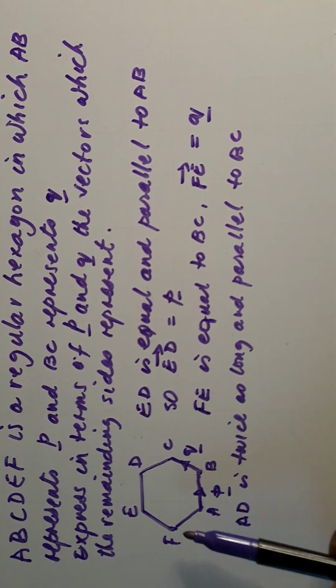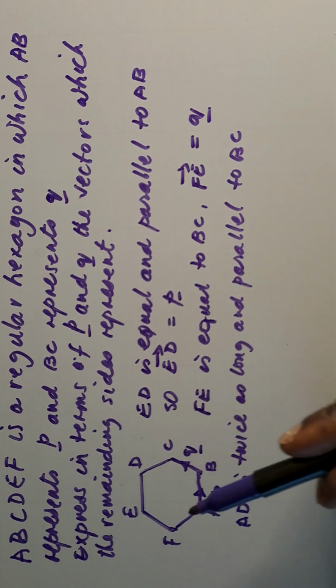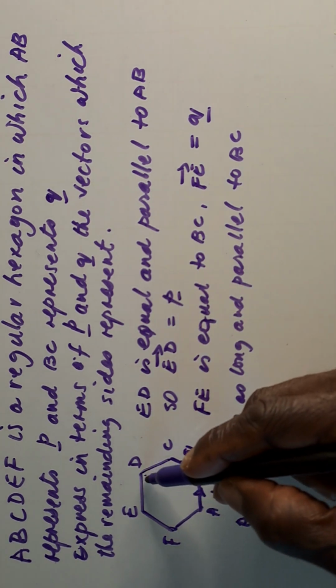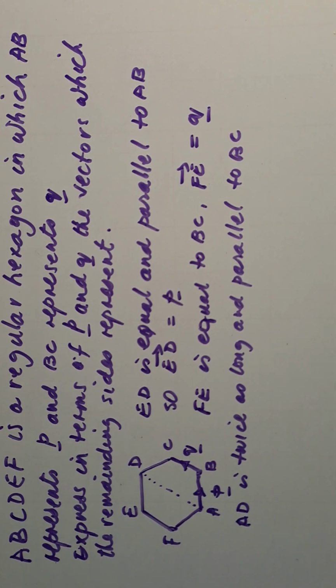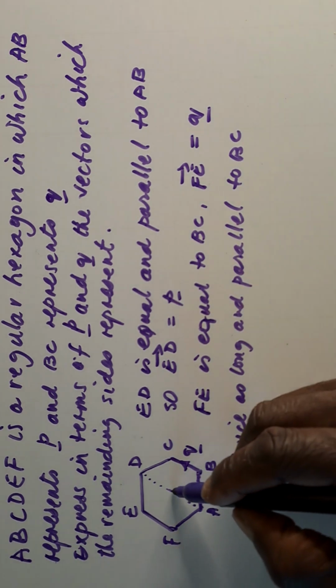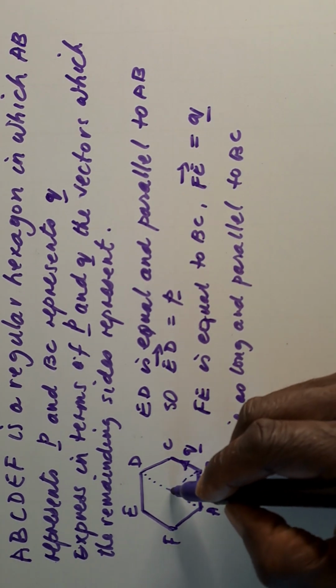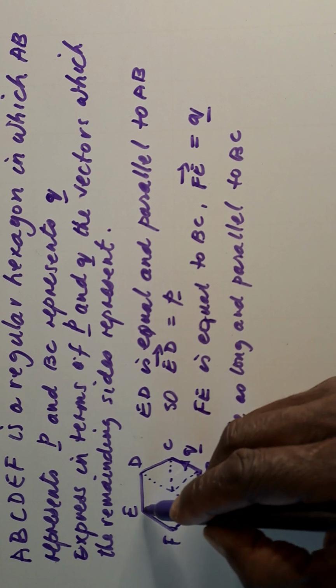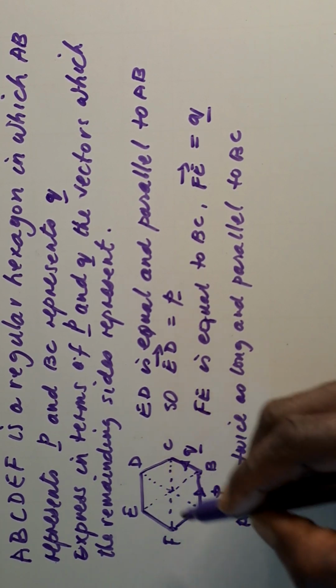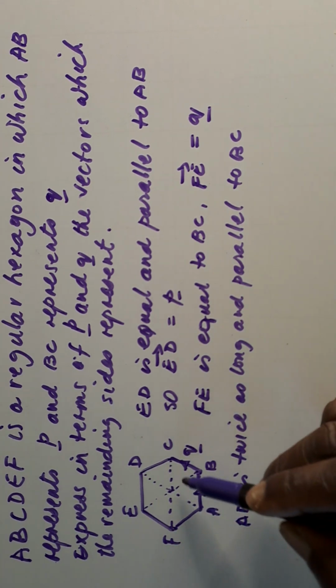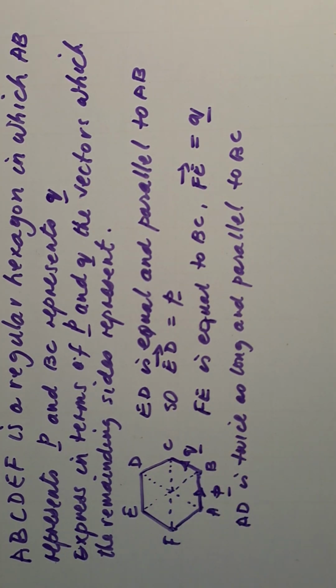Well, if we look at AD, we have an imaginary line here. Why is it twice? In a regular hexagon, we have equilateral triangles here. We have 1, 2, 3, 4, 5, 6 of them.